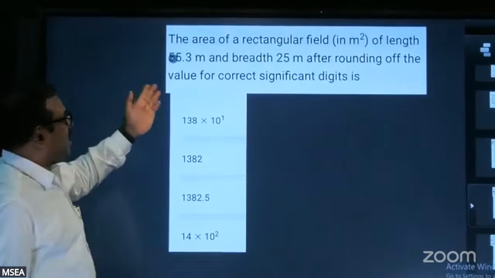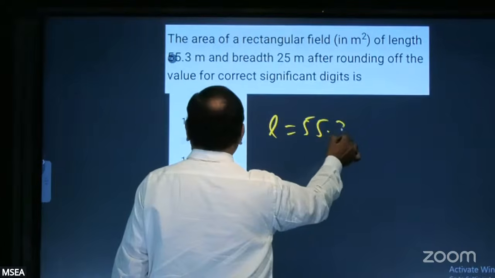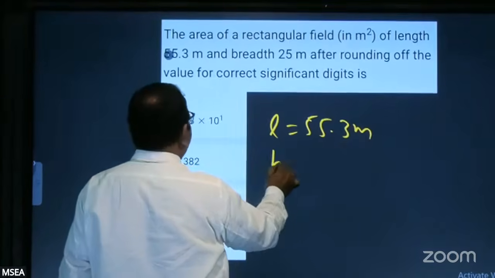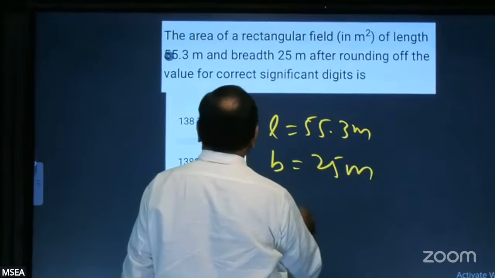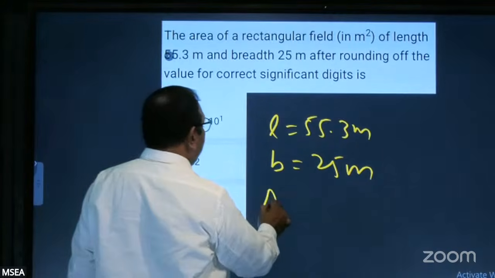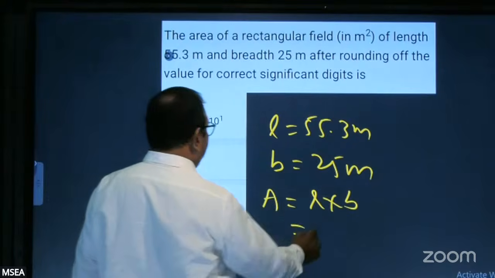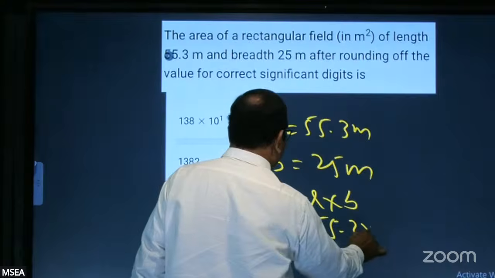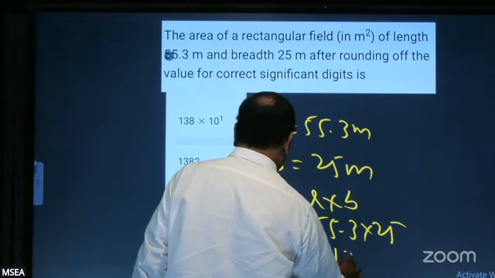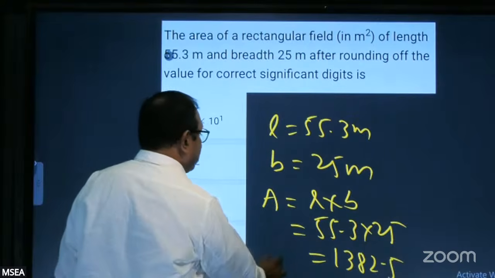Length is given as 55.3 meters and breadth as 25 meters. What is the value with the correct significant digits? Area is equal to length into breadth. When you multiply 55.3 into 25, you get 1382.5. This is the area.